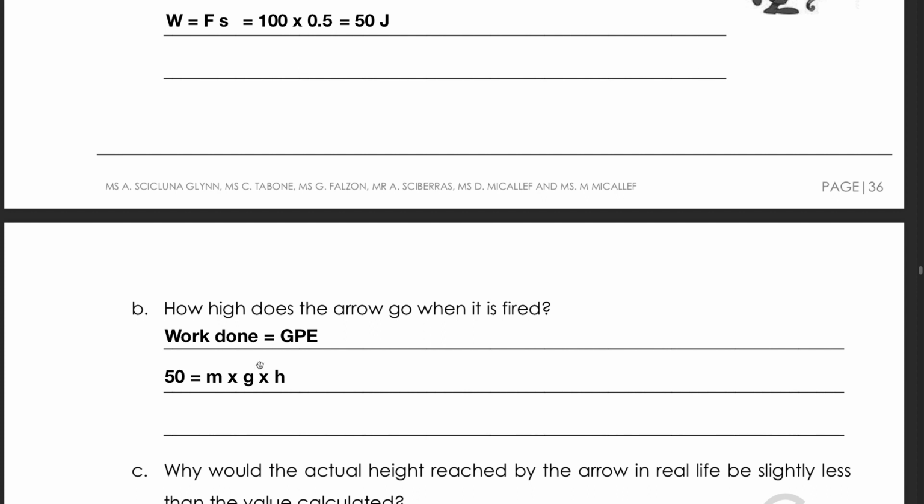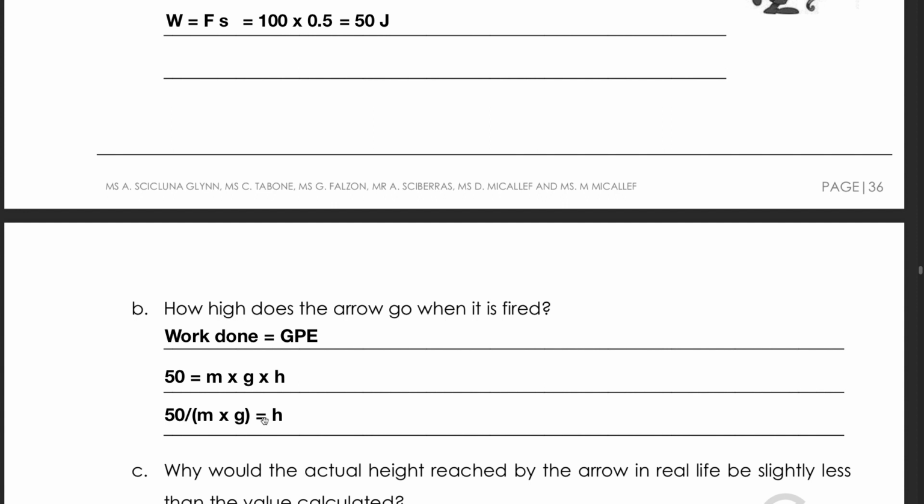Now, since we want to know how high the arrow goes, we have to get h to be subject of the formula and get rid of m and g by taking them over to the other side. And since these are multiplication over here, as soon as they go over to the other side, they will become division. So we can rewrite this equation as 50 divided by m times g is going to give us h.